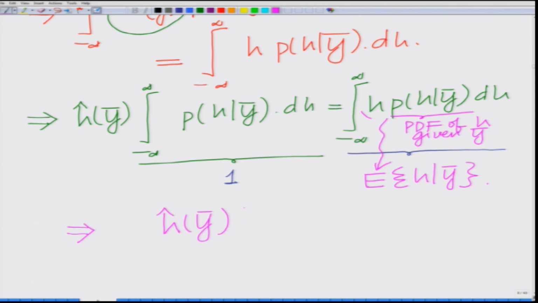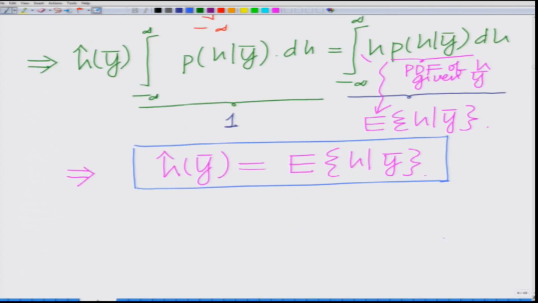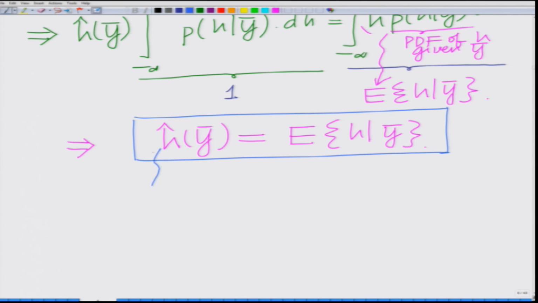And therefore, naturally, finally we have the estimator which minimizes the mean squared error: h hat of y bar equals the conditional mean of h. This is the most important principle of MMSE estimation. This is basically the MMSE estimate of the parameter h for a given y bar. What is this? This is the estimate which minimizes the mean squared error.